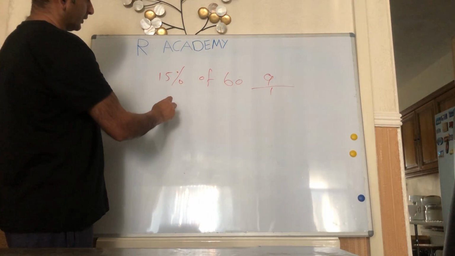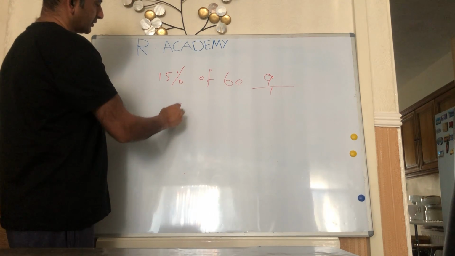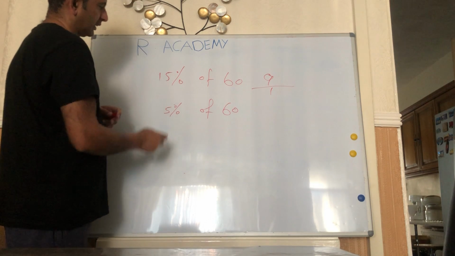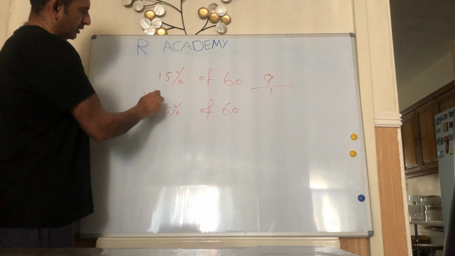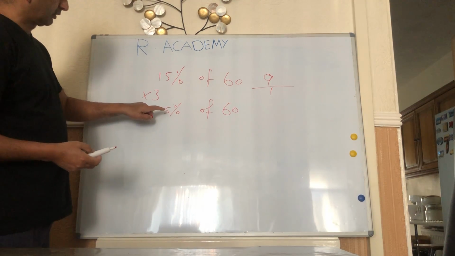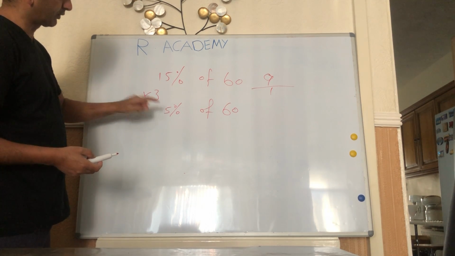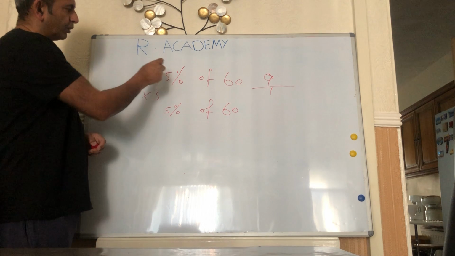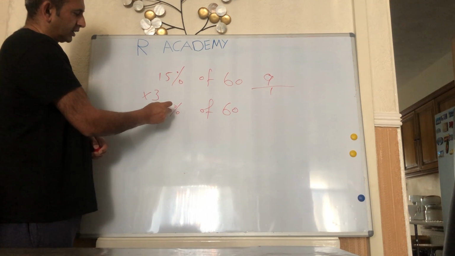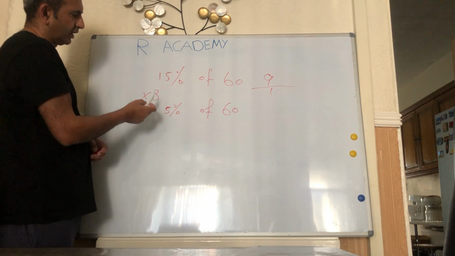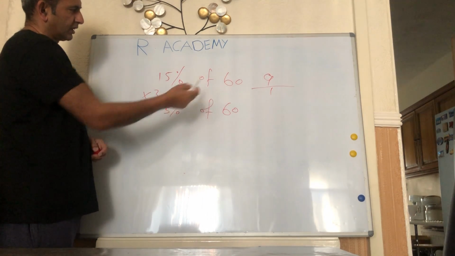The other way to do it, which I think is easier for guys if you want to do it that way, is 5% of 60 and then times it by 3. The reason why is 5 times 3 is 15, or 15 divided by 3 is 5. So if you lower this by dividing it into a number, which you want to make it easier for yourself, then you'll have to multiply it after you've got the answer.